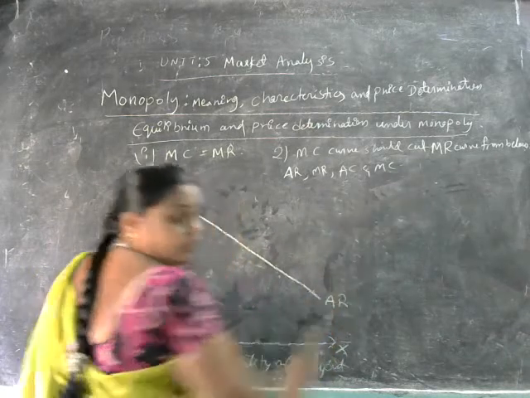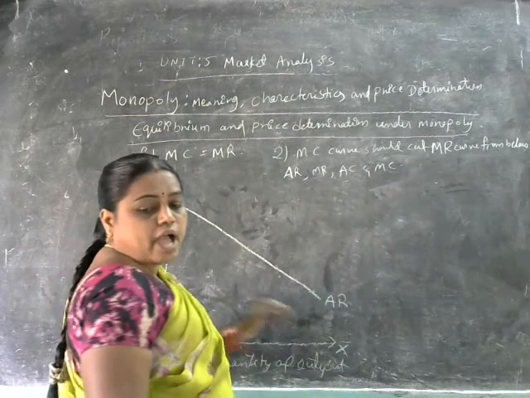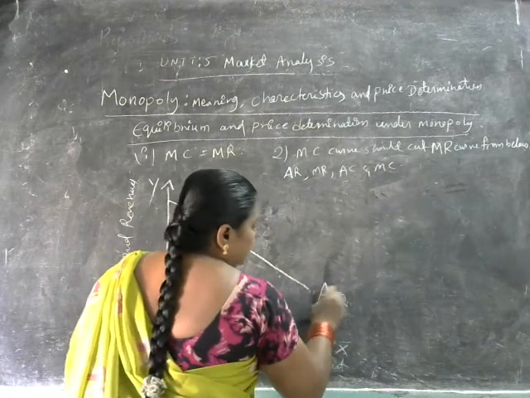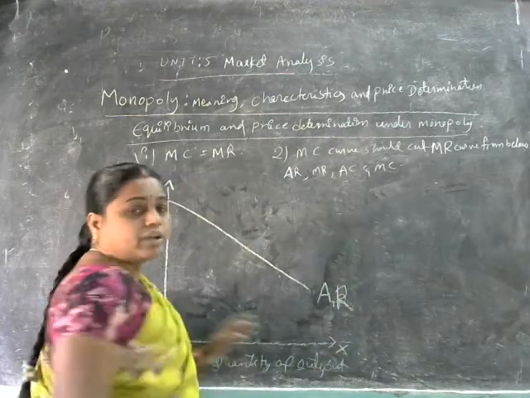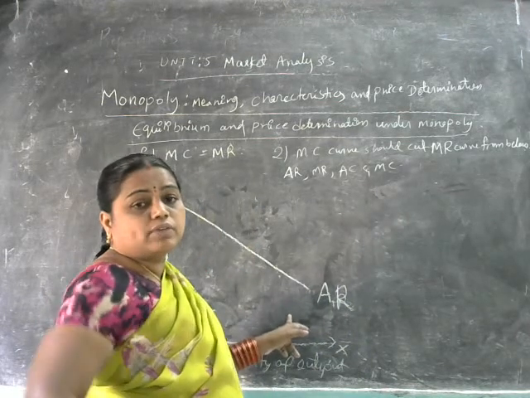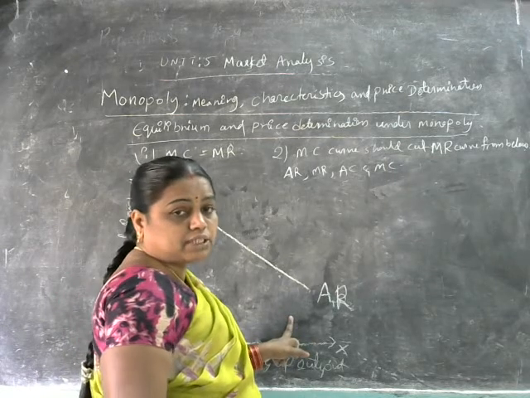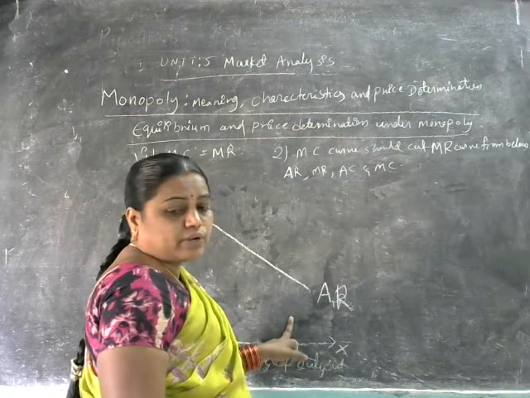Average revenue curve. AR is nothing but the average revenue curve here. Always the marginal revenue curve is below the average revenue curve.